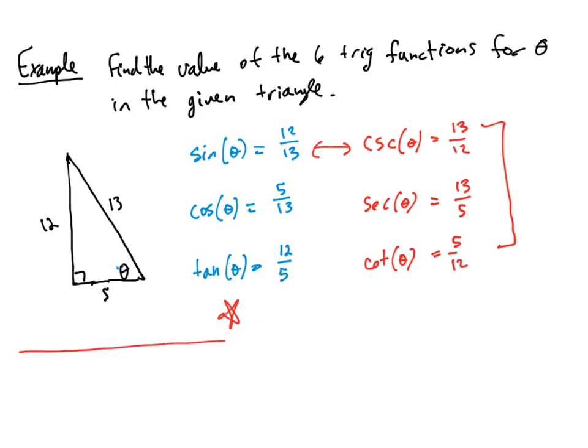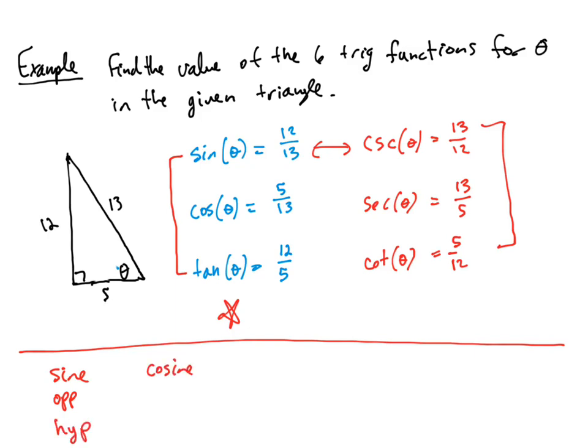So now is a good time to mention how we can remember the ratios for the first three. Sine is opposite over hypotenuse. Cosine is adjacent over hypotenuse. And tangent is opposite over adjacent.